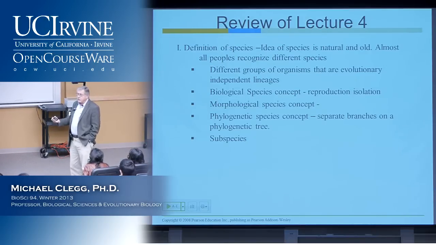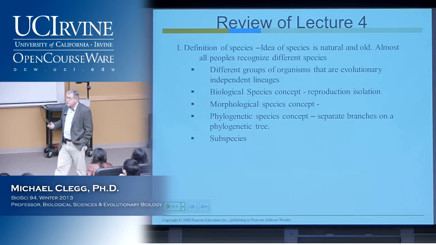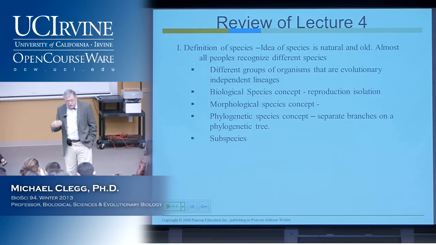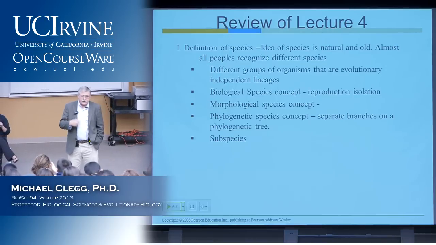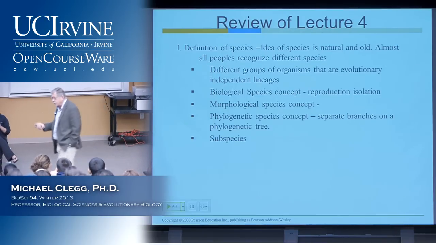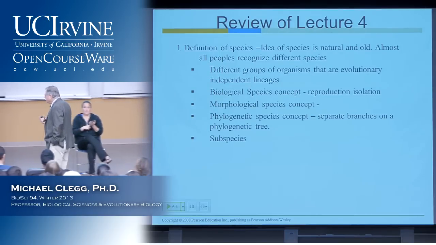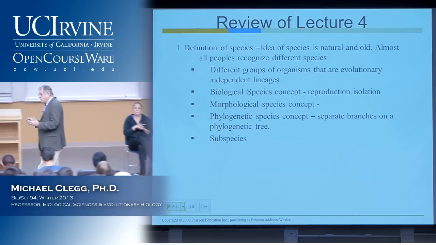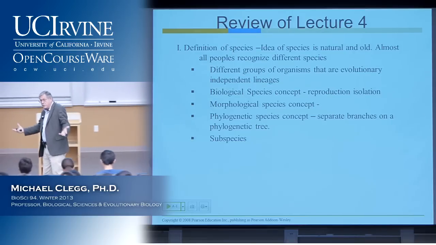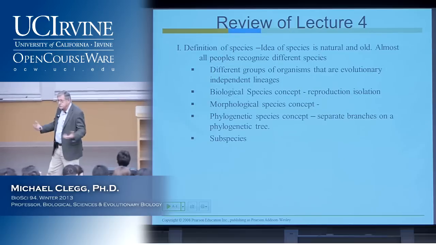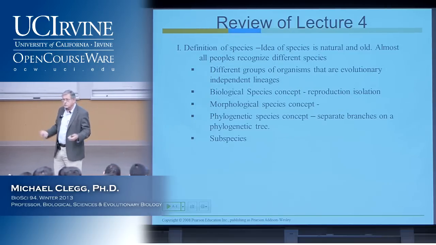We talked about the biological species concept. Things are defined as being in different biological species if they do not interbreed. And we talked about some of the difficulties of applying that definition. We talked about the morphological species concept. This is what you apply mostly to fossils, for example, because that's all you've got is the morphology of the fossil to look at.